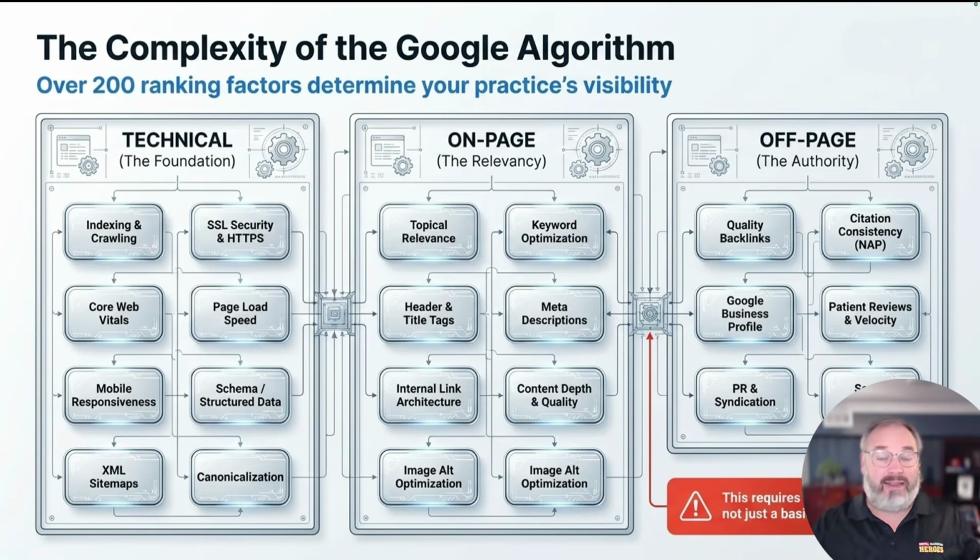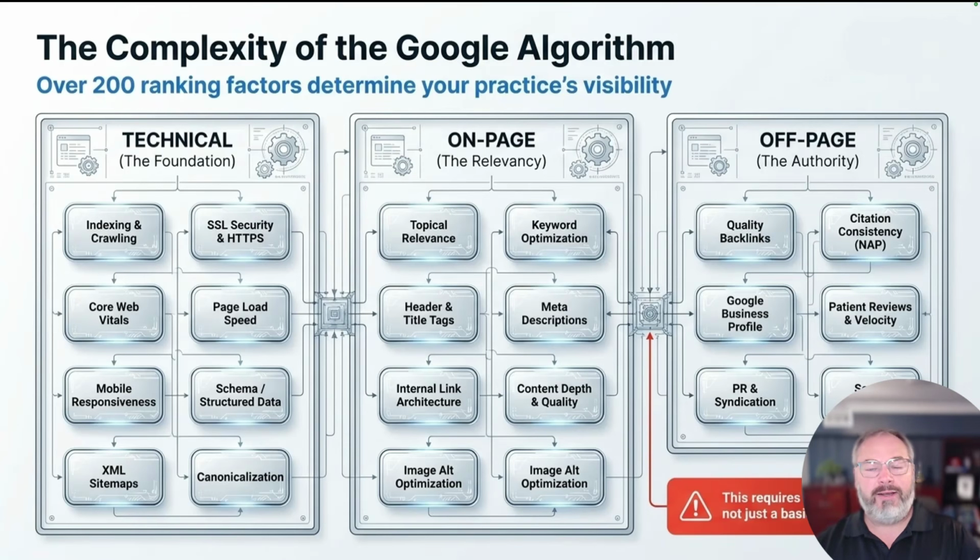Patient reviews and velocity. This is really important. People value reviews as much as they do a personal referral. That's hard to believe, but you need to have really good overall ratings for your dental practice on Google reviews, but you also need to have a velocity. Google values it, the LLMs value it, and people value it.